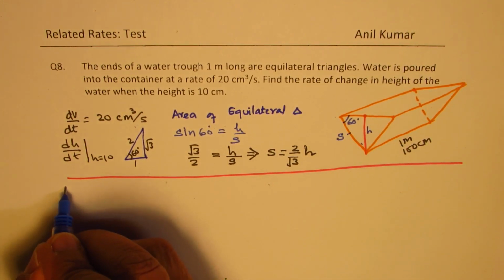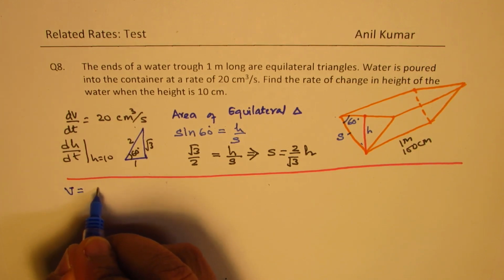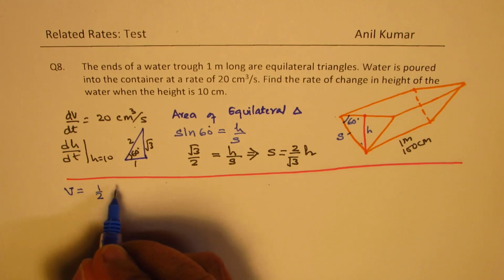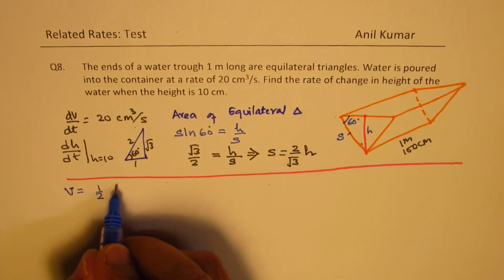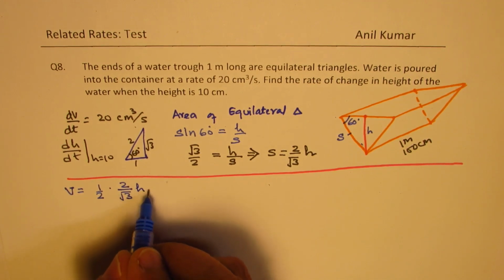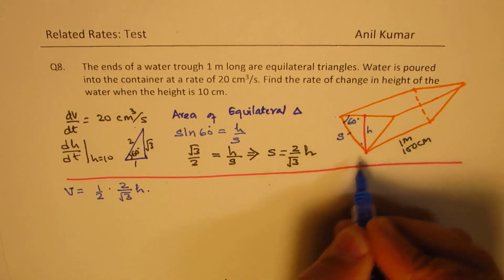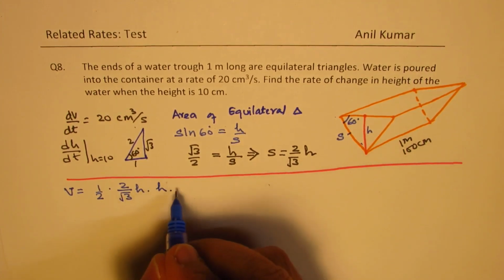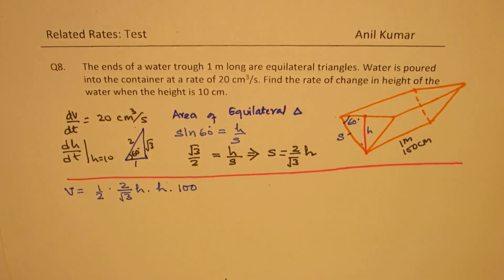So we get the volume as equals to area, which is half, base is S, which is 2 over square root 3 H, that is the base, times height, times the length, which is 100. Is that clear to you?